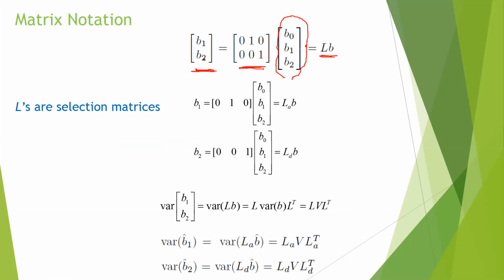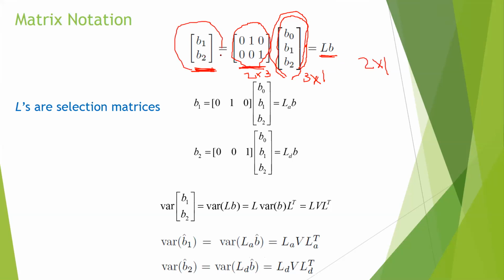If you multiply these two matrices, this is 2 by 3 and this is 3 by 1.